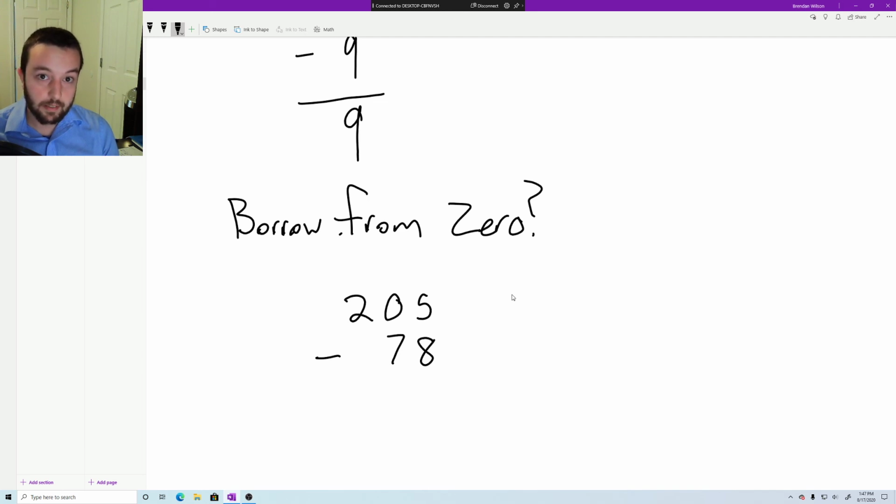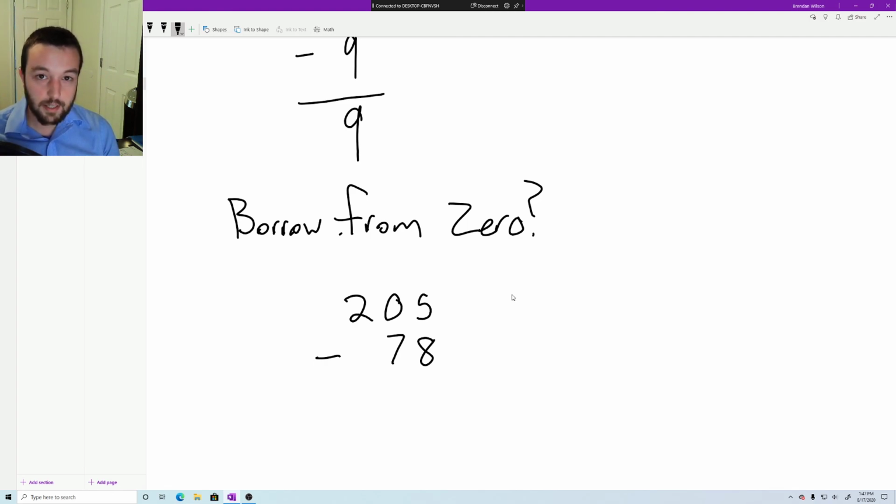We would want to borrow again, but we can't. At least not at first glance, because if we look at the 5 and we go over to the tens place and try to borrow, there's nothing there, right? It's already a 0. It's already depleted as much as it can be.